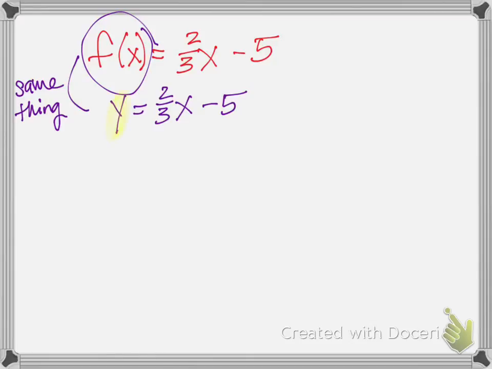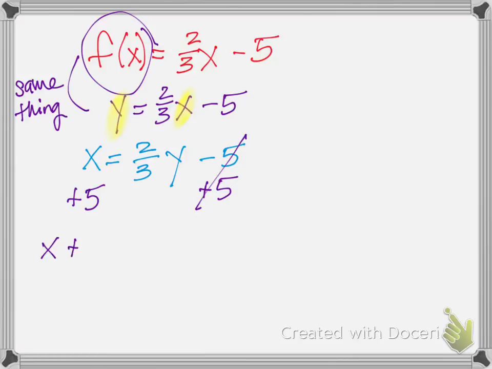So once I have this written, I'm going to switch my x and y, and I will now write this as x equals 2/3 y minus 5. And I solve for y, so add 5 to each side.